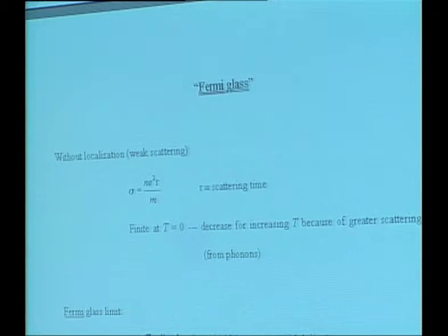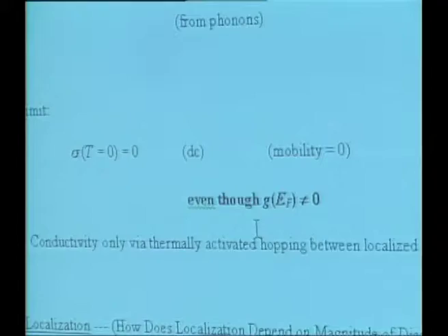So Fermi glass is what you get in the limit, if you take a metal and you increase the disorder to the point where all the states are localized. Okay? And I've said that here, in the Fermi glass limit, the conductivity goes to 0 because the mobility goes to 0. There are plenty of carriers around.